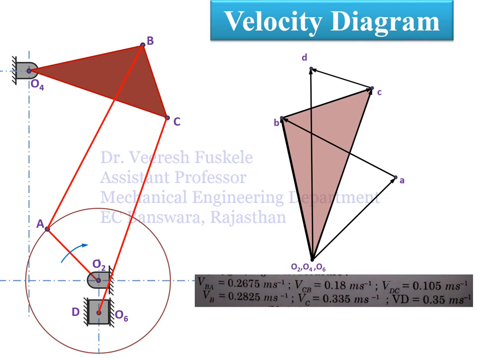And from these you can also calculate the angular velocities of the links as follows by using the formula V is equal to R omega.